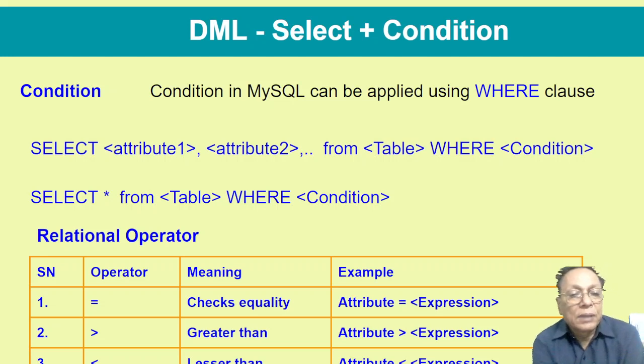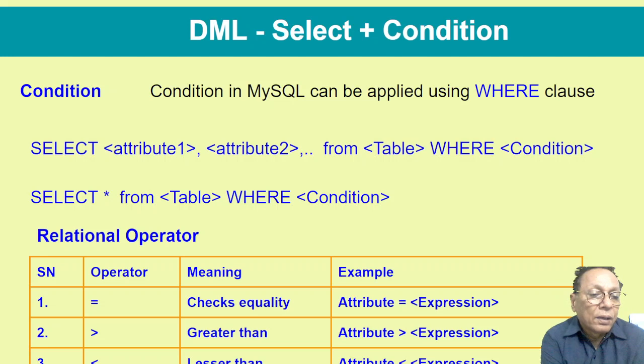While using a condition, what kind of operators must one use? This is given in the table: these operators and their meanings. If you apply the equal sign, you are checking equality, meaning any expression can be compared, as in attribute is equal to expression.